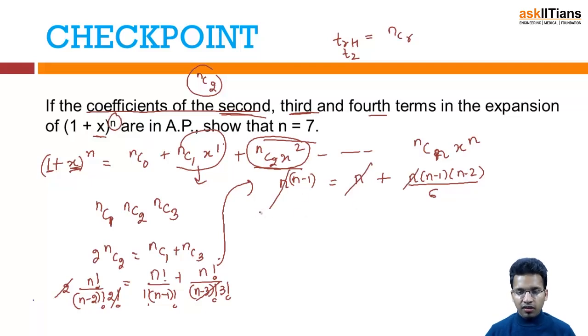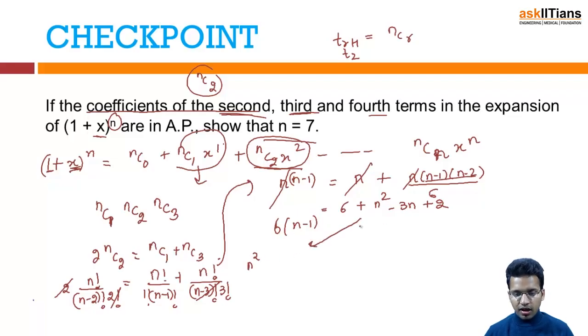Now this becomes an easy quadratic. Taking 6 as the LCM, we get 6 plus n squared minus 3n plus 2. Simplifying, n squared, 6n minus 9n, plus 8, and this will be 14.